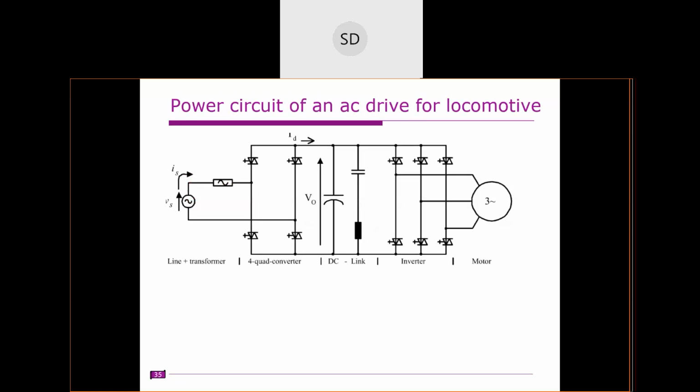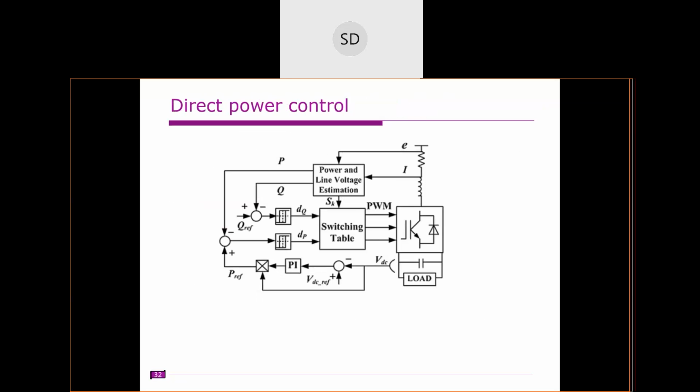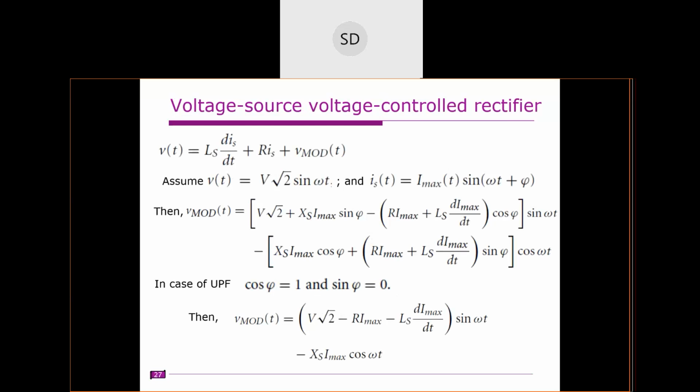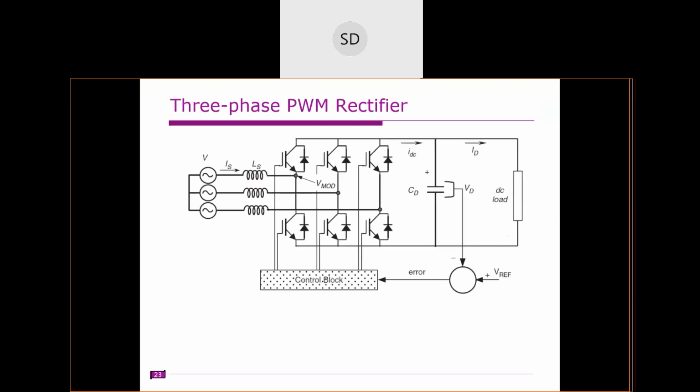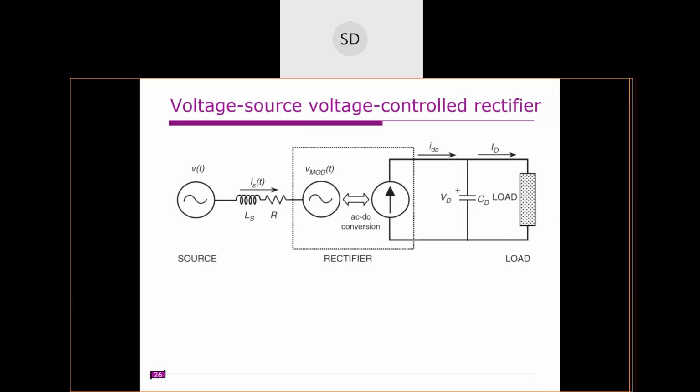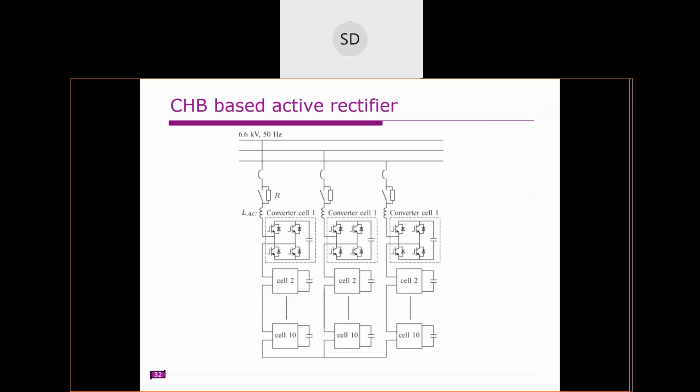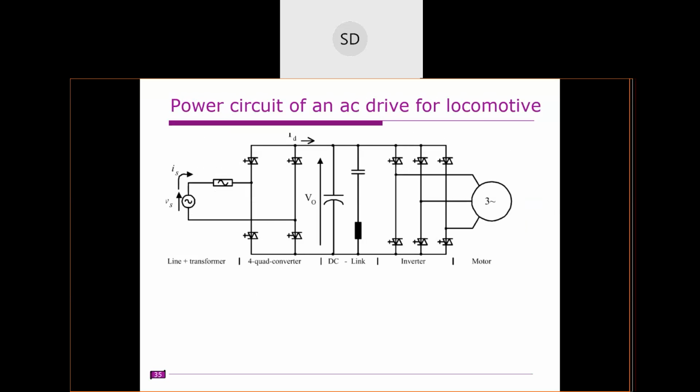So where exactly are these converters actually used? This is one example: the train locomotive, that is a train engine, right?